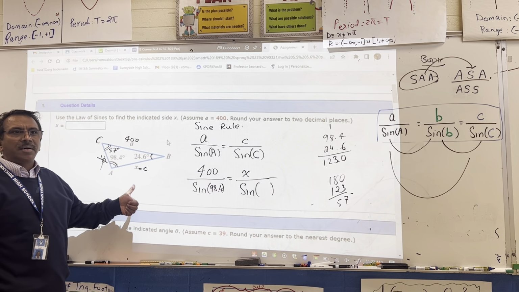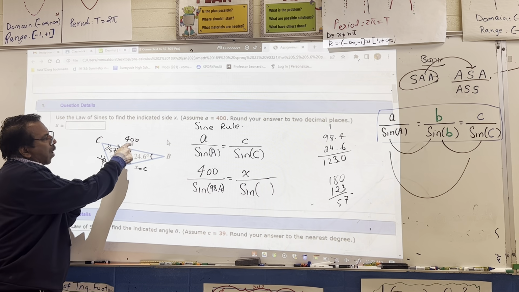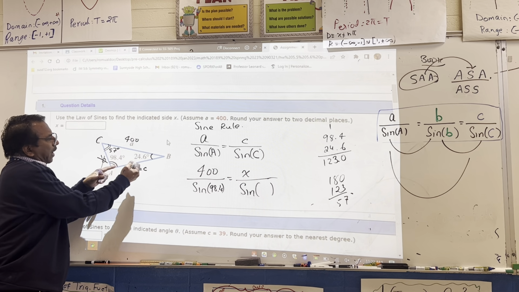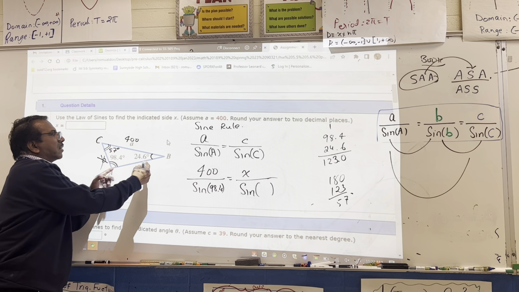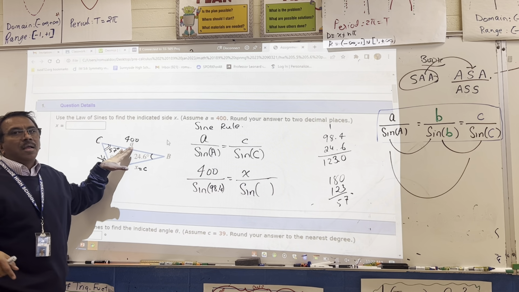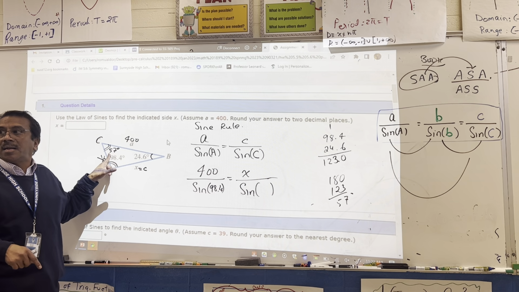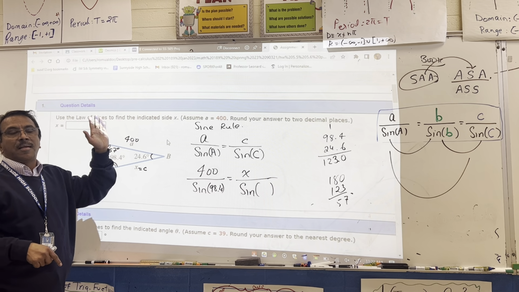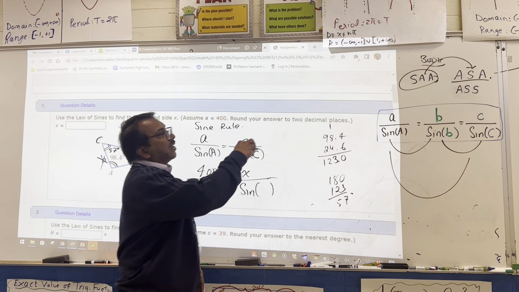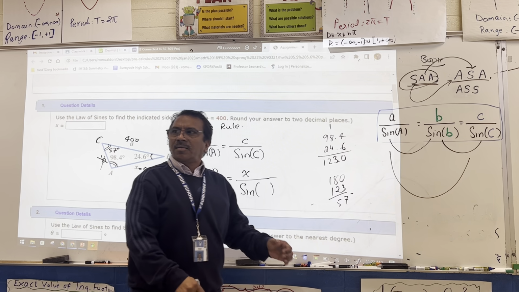Do you see what happened? Even though they gave us the two angles, the side that was given was not between the two angles. But you can always figure out a third angle and make it so that now we know this side is between the two angles. So if this is given, we can always write it this way, ASA. Make sense?